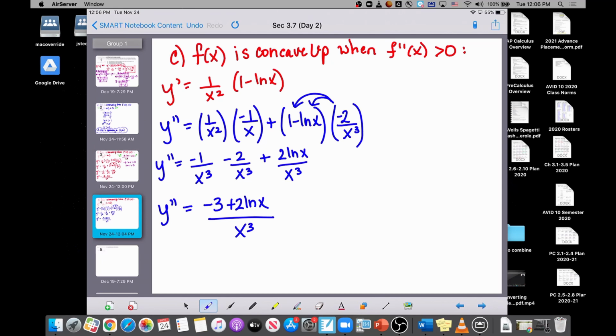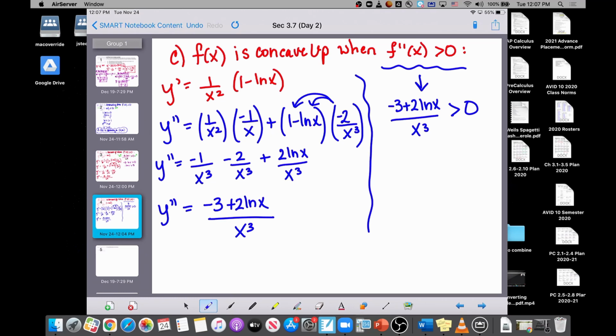So now I need to know, where is my second derivative greater than 0, right? So where is negative 3 plus 2 ln x divided by x cubed greater than 0? I don't want to mix up that math. So now I'm going to think about it the same way that I thought about this before. If I want to get rid of that x cubed in the denominator, then I'm going to multiply both sides by x cubed.